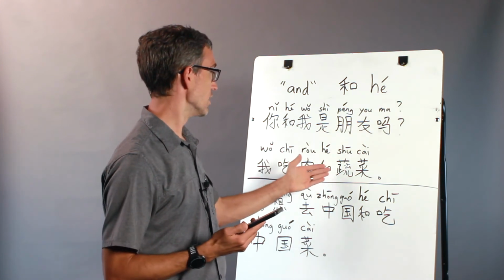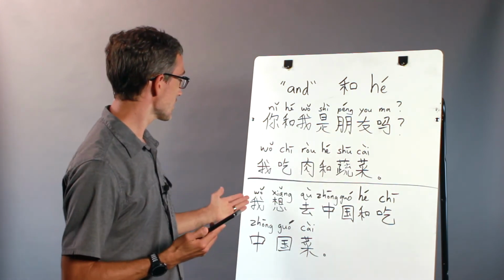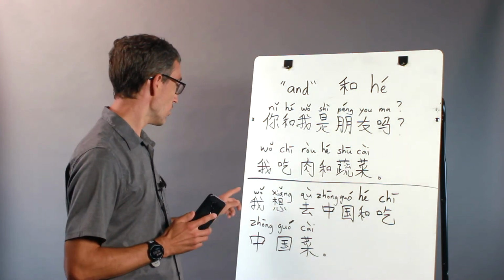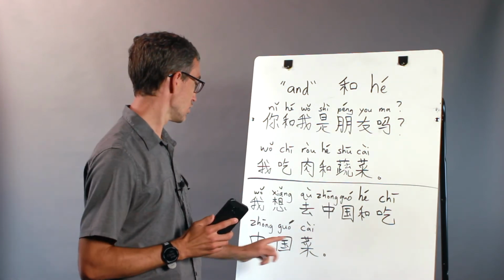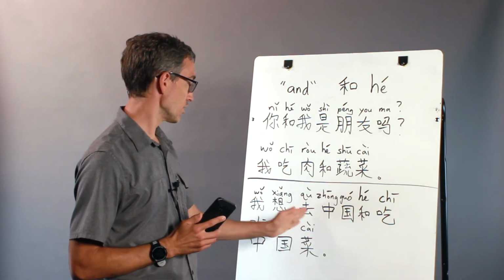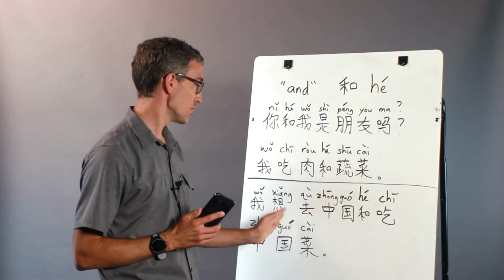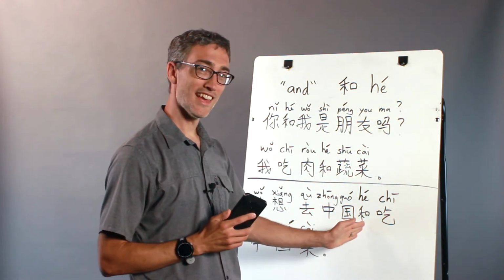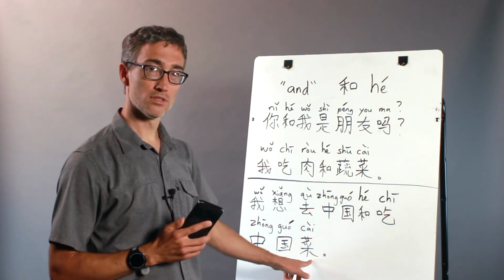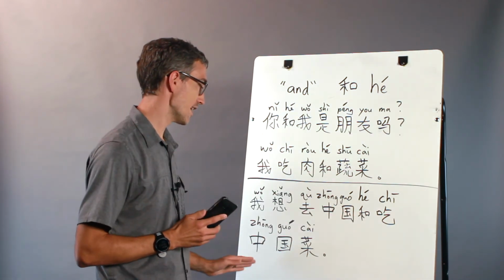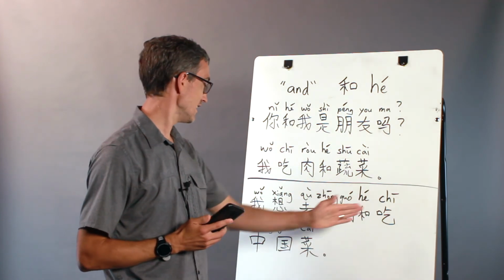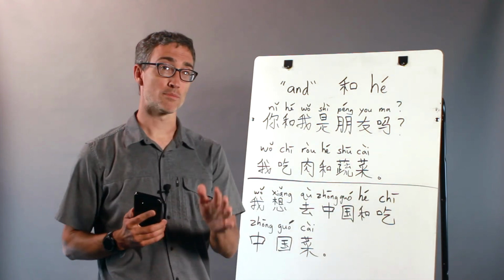我吃肉和蔬菜, meat and vegetables. Here's an example of how not to use he. This is a mistake. 我想去中国和吃中国菜. I want go China 和 and 吃中国菜 eat Chinese food. So I want to go to China and eat Chinese food. In English, that's perfectly fine.